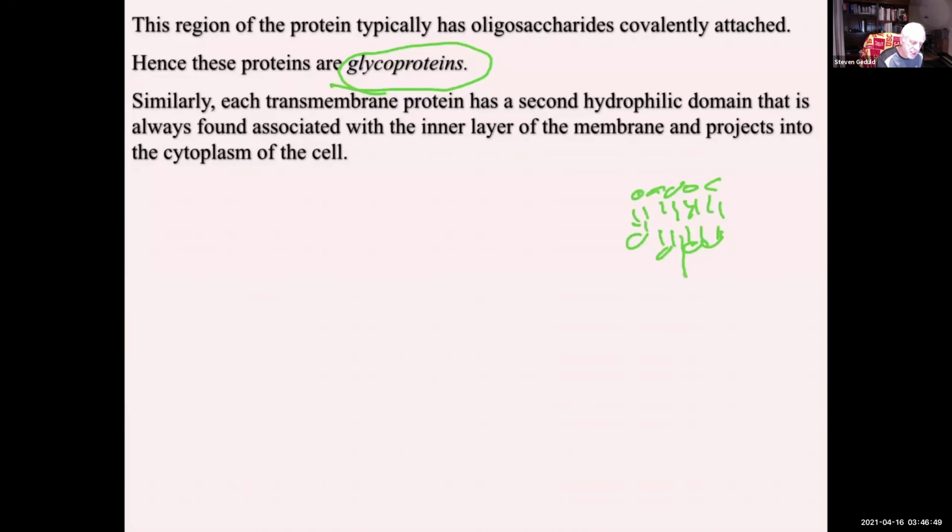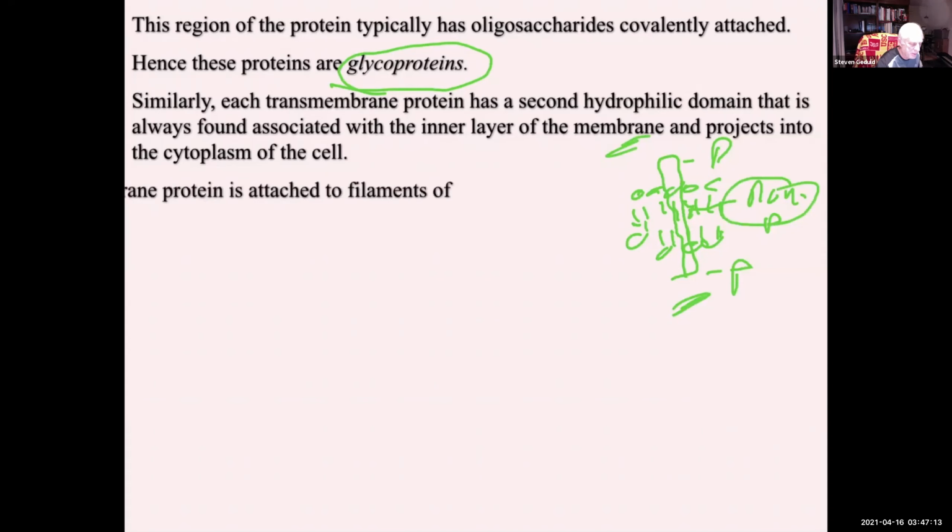If a protein extends both sides, it has to have a polar region here, a polar region here, and a hydrophobic or non-polar region in between. It has to have two polar ends, one on the outside of the cell and one on the inside of the cell. And then inside the membrane, it has to be non-polar or hydrophobic. So it can exist both places. Those are transmembrane proteins that go from one side to the other through the cell membrane.